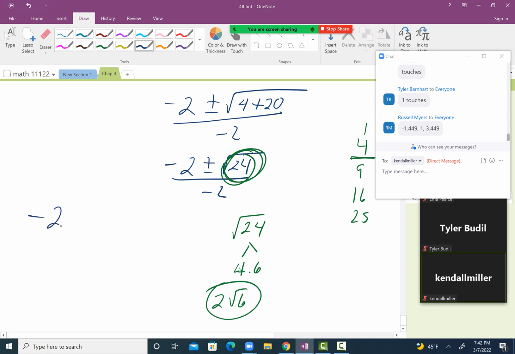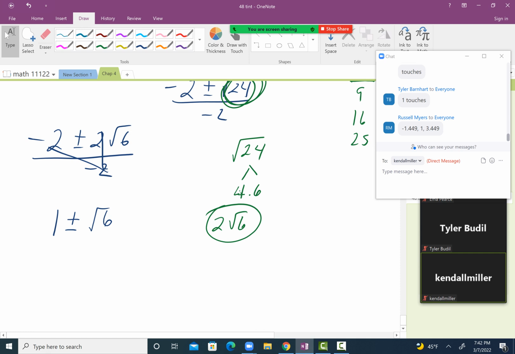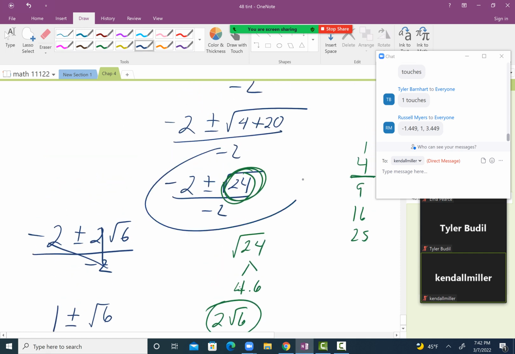Now I can take that 2 and go into all that stuff and get that as my answer. So, is this wrong?